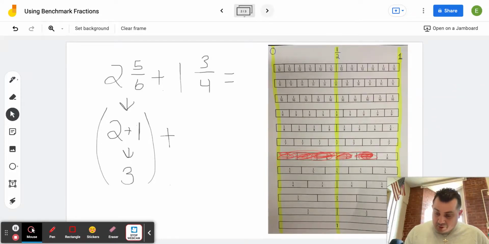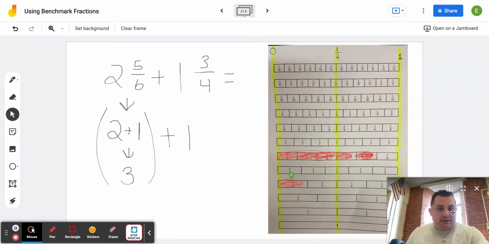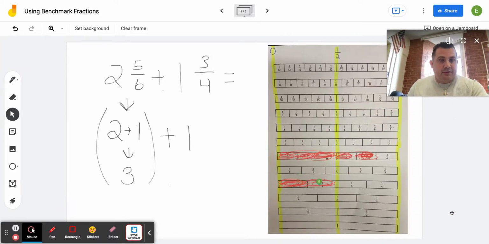So I'm going to write down here 1 because I'm going to bring down the 1 whole. And now let's see 3/4. I'm going to go to my fourths. 1/4, 2/4, 3/4. Okay.